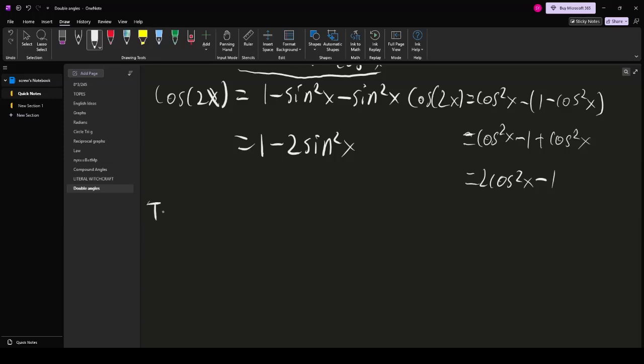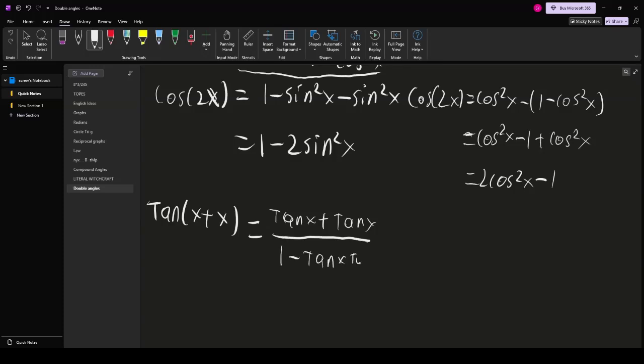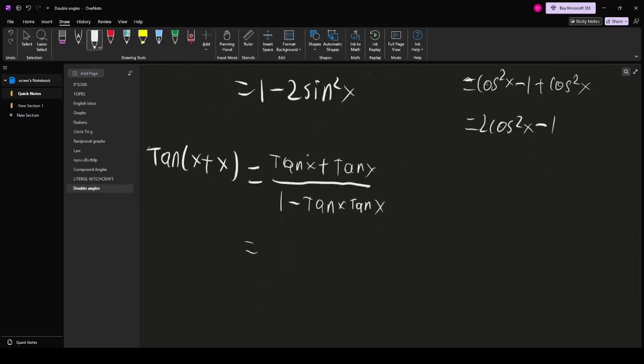And then the final double angle formula is for tan. Tan of x plus x equals tan x plus tan x over 1 minus tan x times tan x. Now just do some basic math.